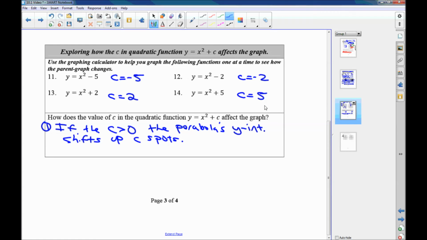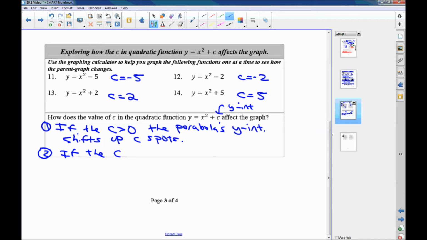And you're right in this case, but when we start putting the b in there, it moves the graph left and right, but that y-intercept still stays in the same spot. Whatever the value of c is, will be our y-intercept. And it's just like in a linear graph, when you cover up the x term, the y-intercept is the part on the end in the mx plus b. Okay, so same thing.